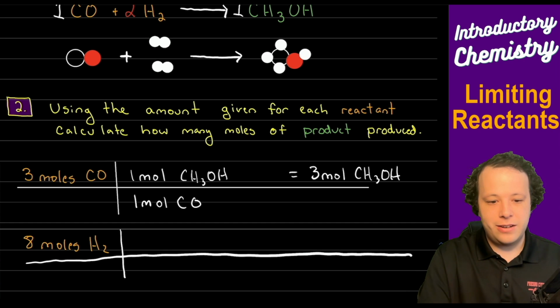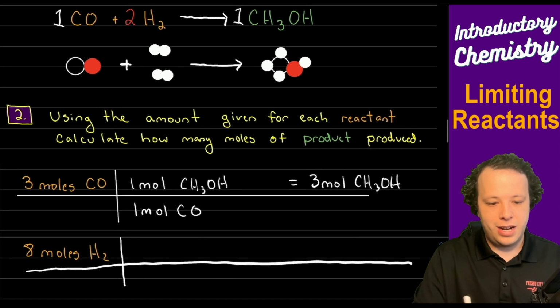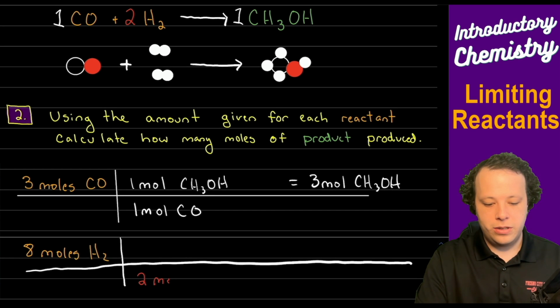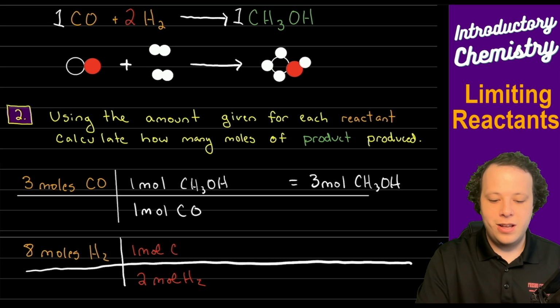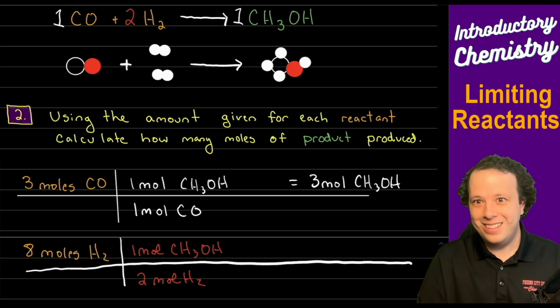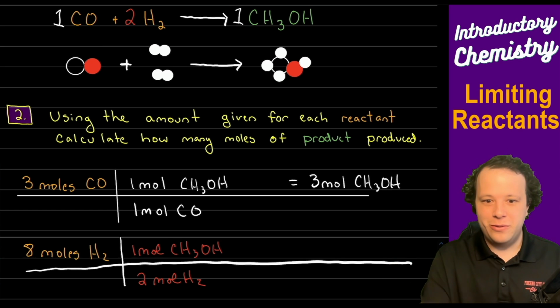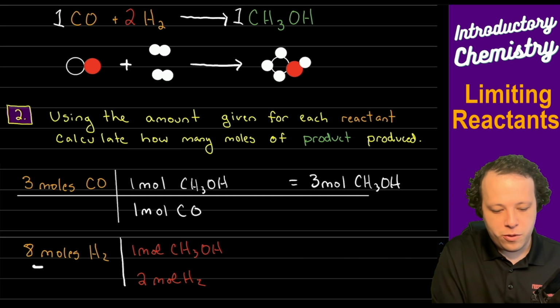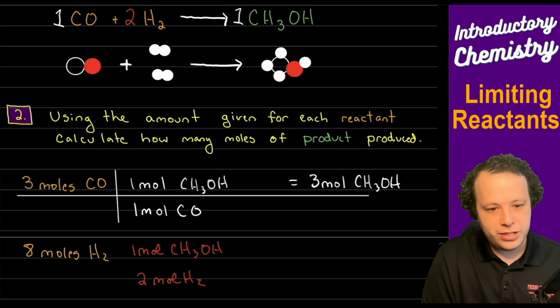Reading my recipe, I have 2 moles of H2 equivalent to 1 mole of methanol, meaning that for every 2 moles of hydrogen that react here, or are baked, we create 1 mole of methanol. With that being said, we can summarize this chemical equation.